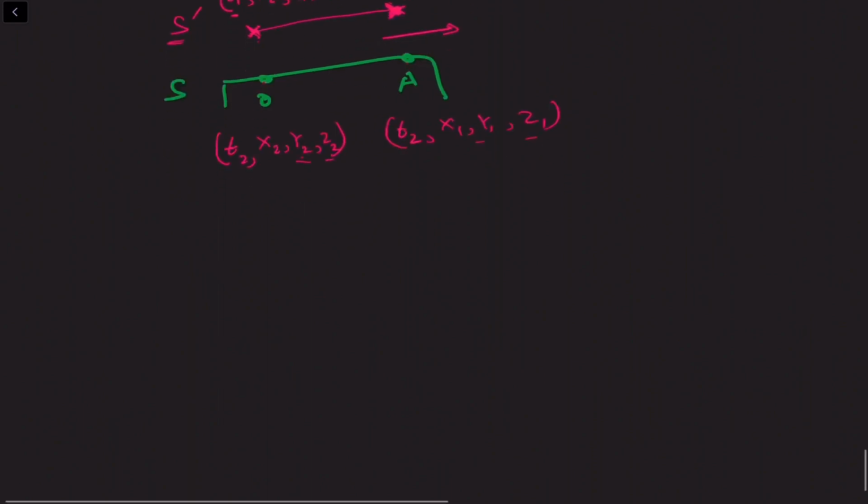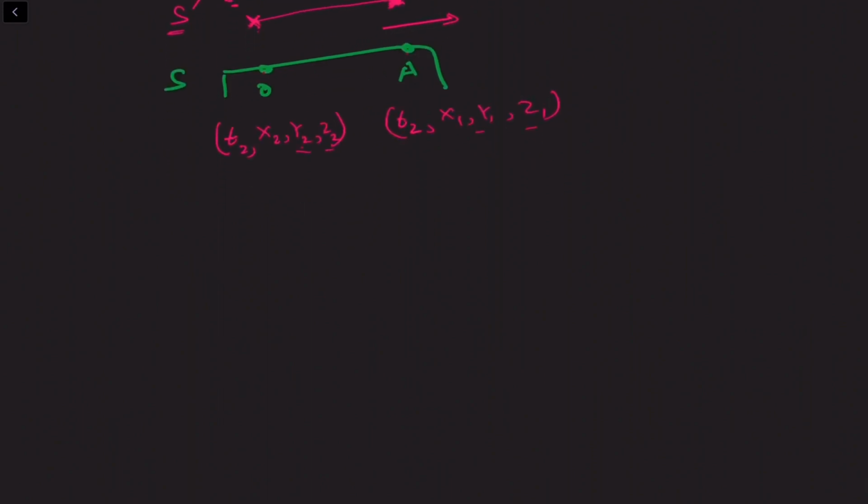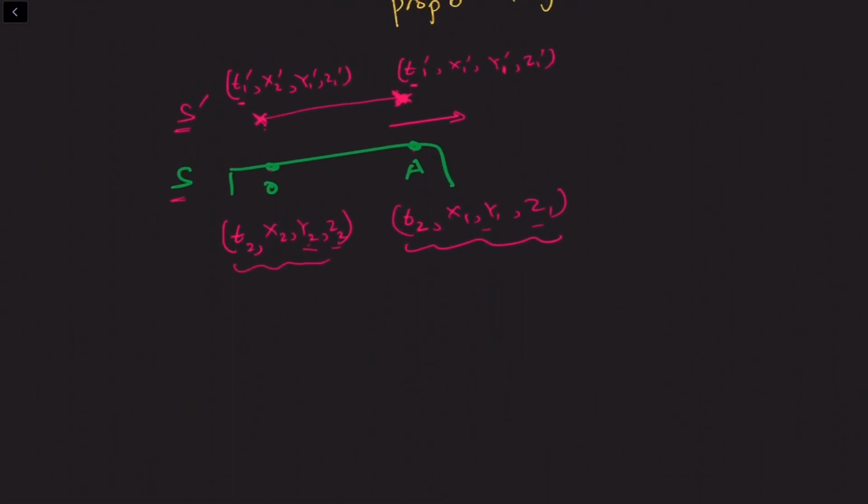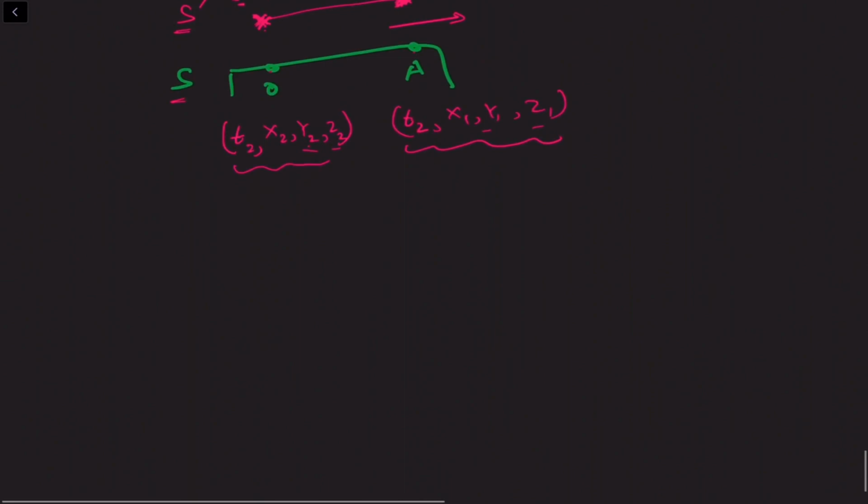Okay. And so in this case, if observer S were to construct the space-time interval between these two points, how are these two space-time points defined? These are the space-time points at which observer S prime is measuring the endpoints of the rod. And now observer S takes the difference between those two space-time points.